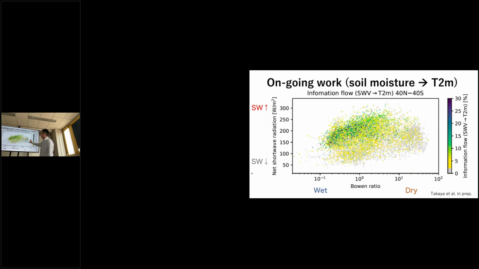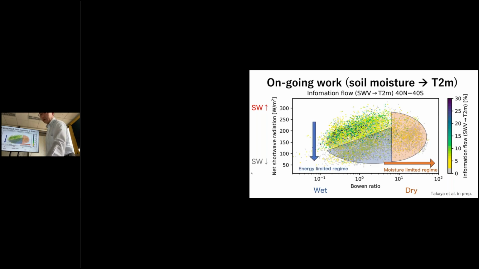That means information flow from soil water volume to meter temperature, the influence of soil moisture on temperature, right?